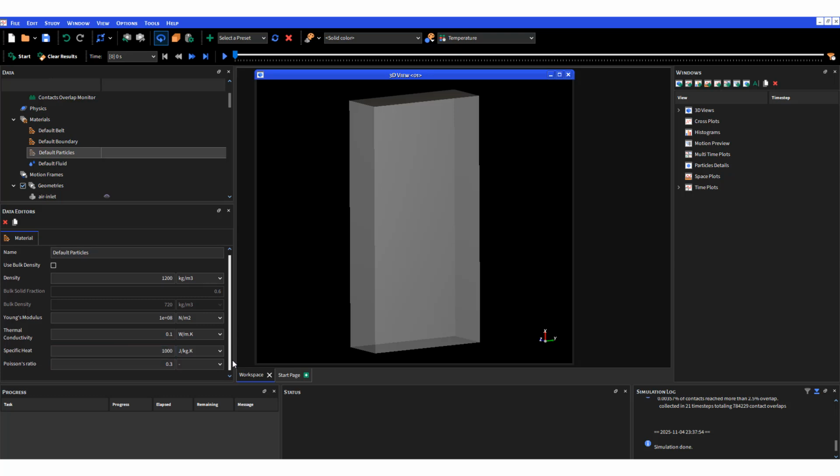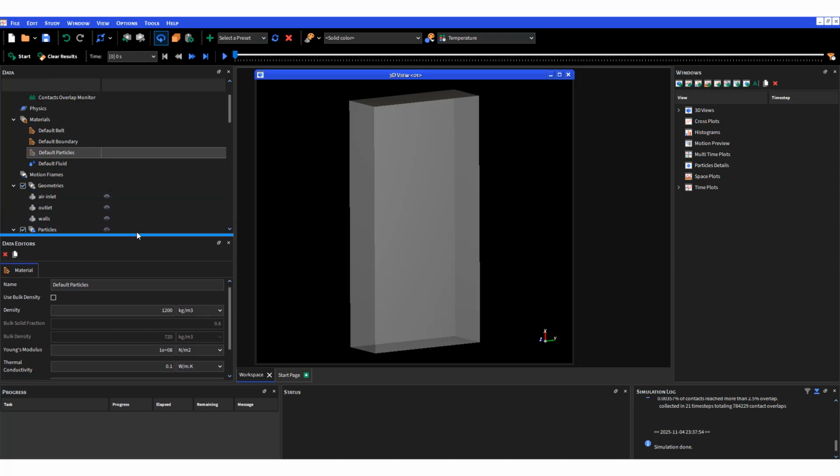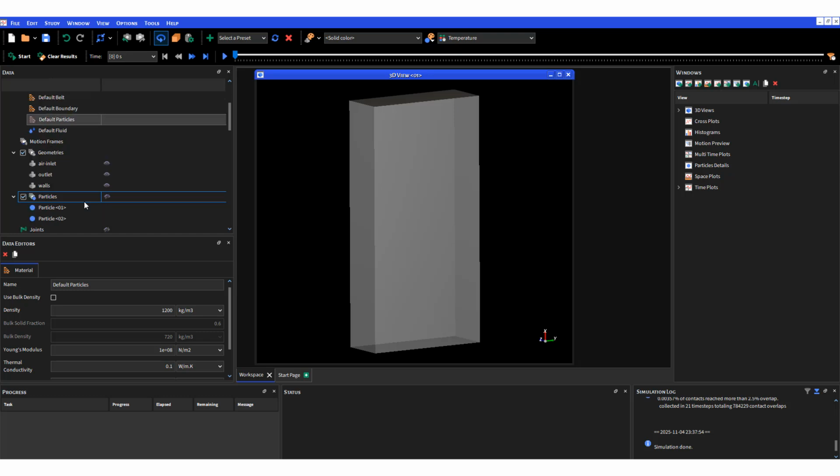These values can be modified if you have a more specific material or a specific type of code that you want to evaluate within Rocky. And we do not have any fluid defined in Rocky, so we don't have to worry about it.